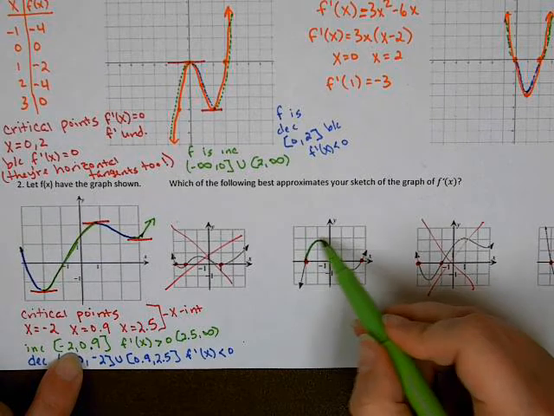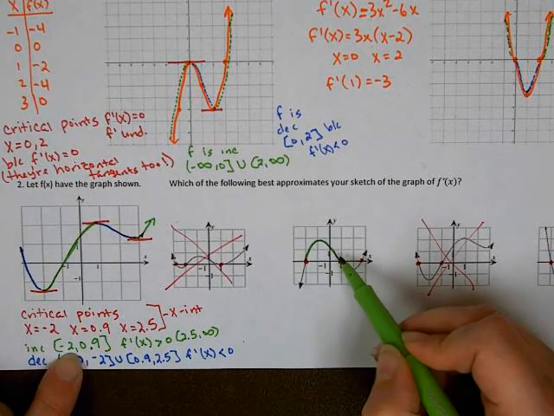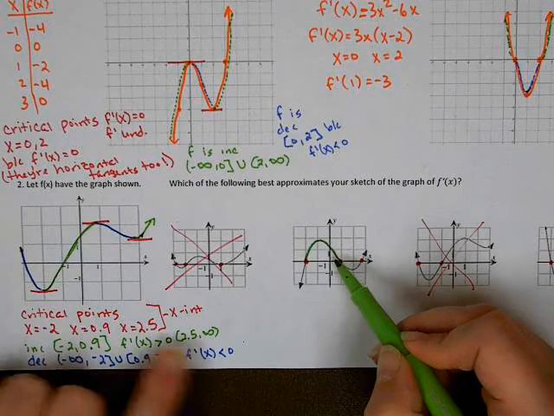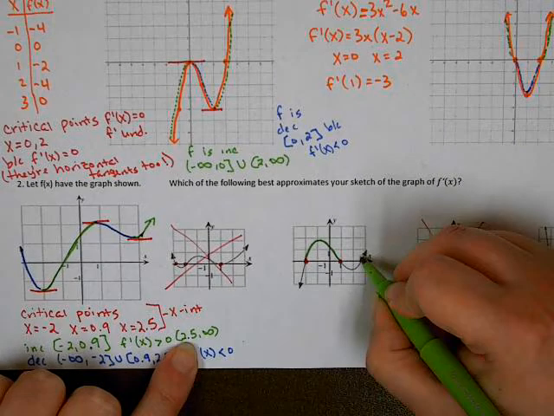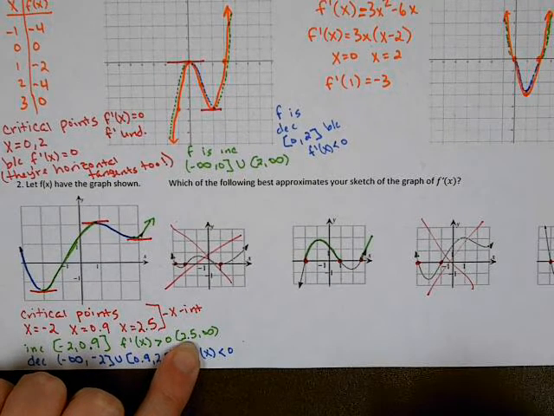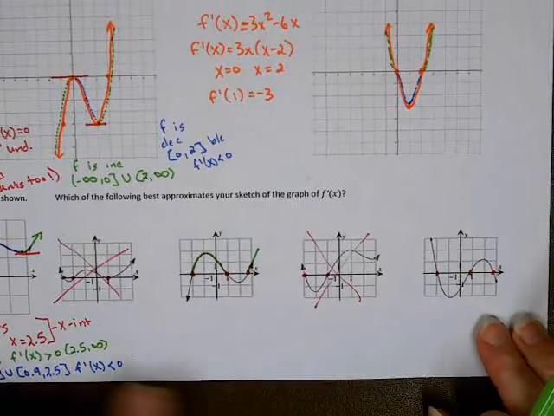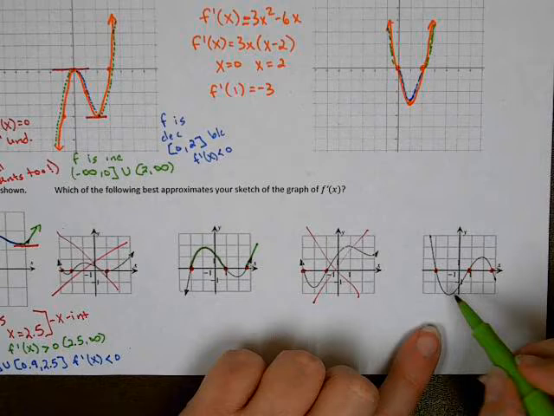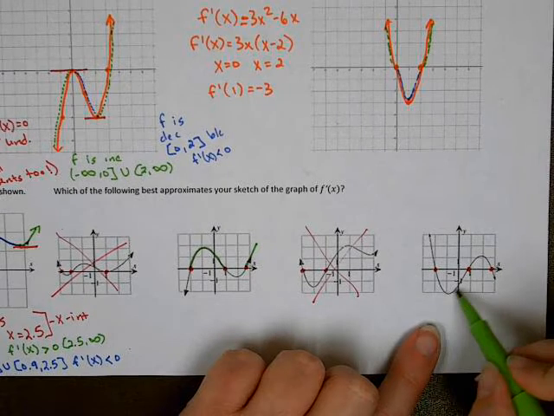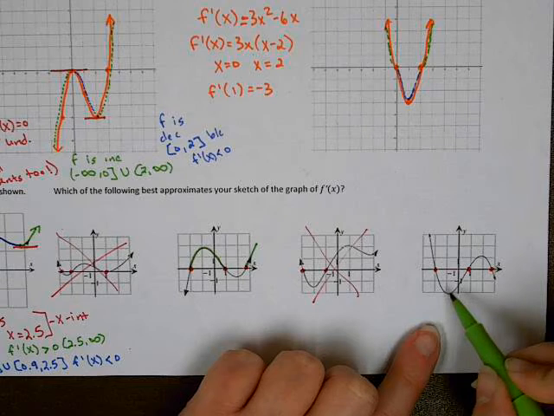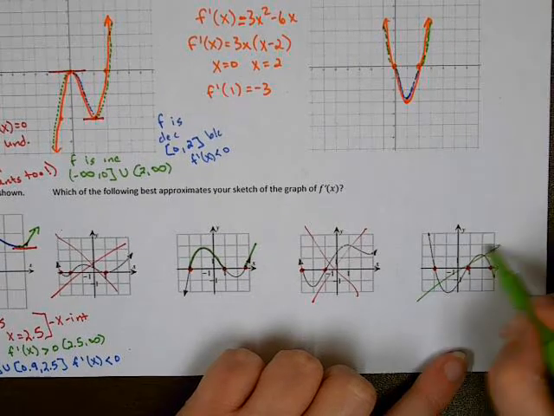Negative 2 to 0.9, that's greater than 0. It's above the x-axis. 2.5 to infinity, that's also above the x-axis. So that's good right there. When I look at this one, negative 2 to 0.9 is below the x-axis. That would mean that f prime is negative, so I can actually immediately get rid of that one now too.